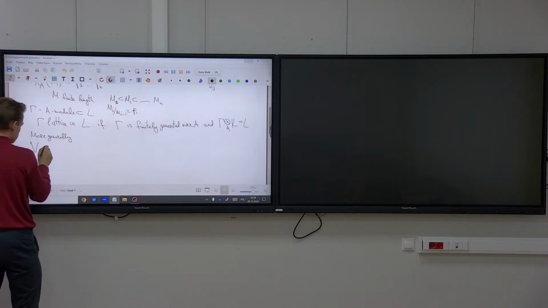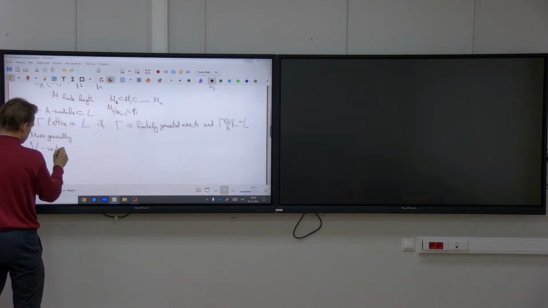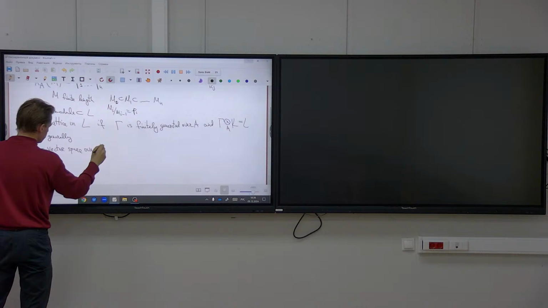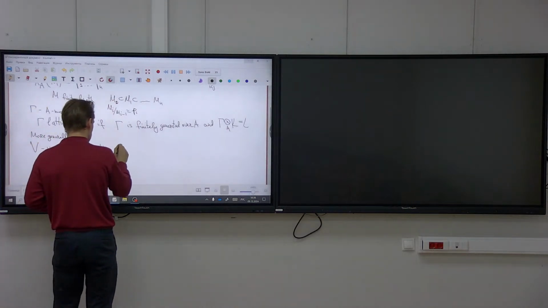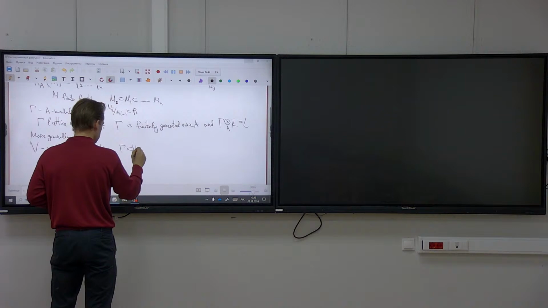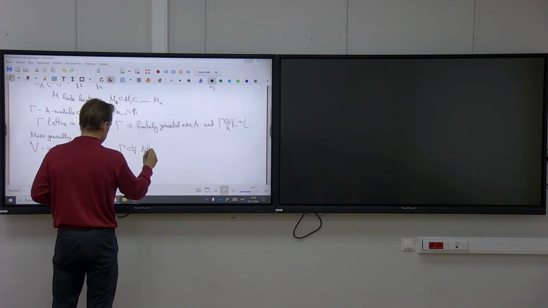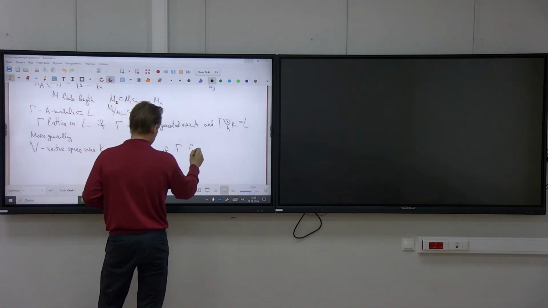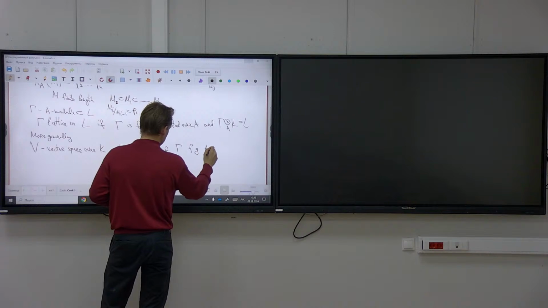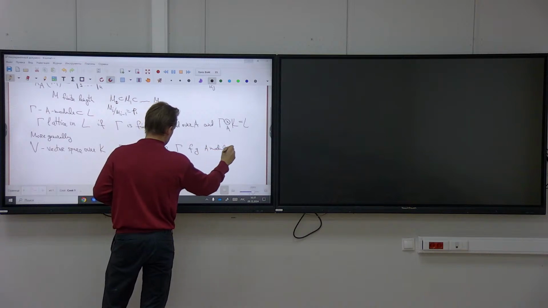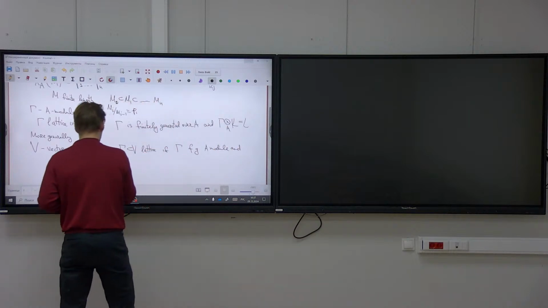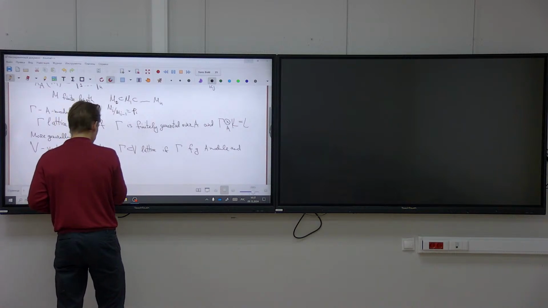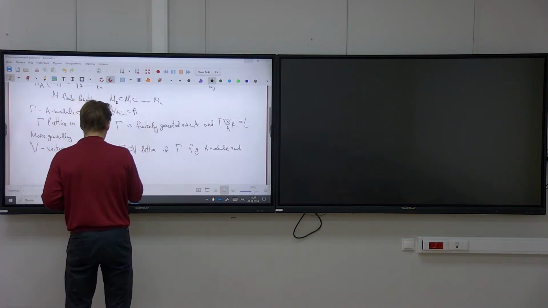We consider V as a vector space over K. Yeah, so we consider gamma subset of V as a lattice if gamma is a finitely generated module, and it gives you gamma tensor K, it gives you the whole L, the whole V.